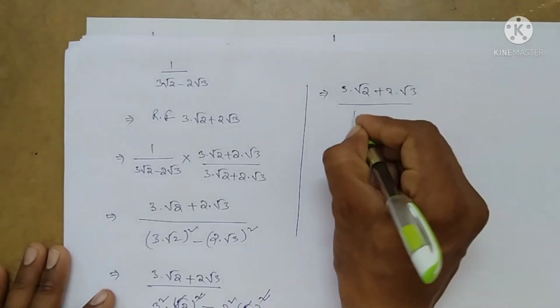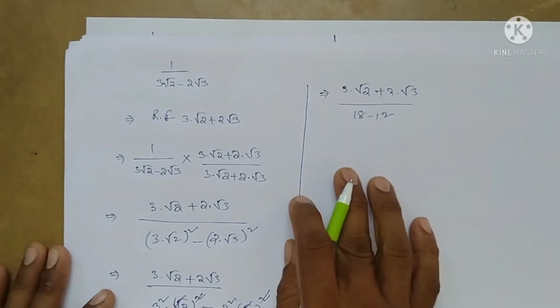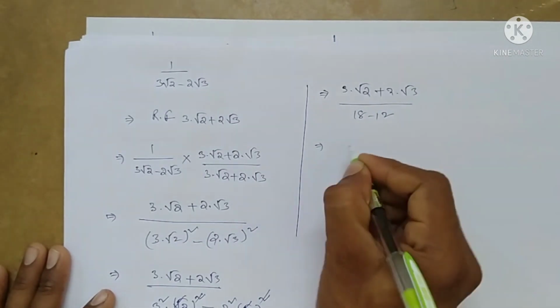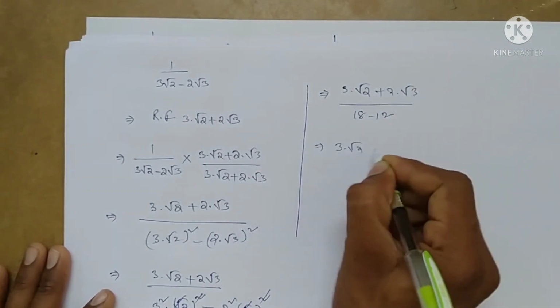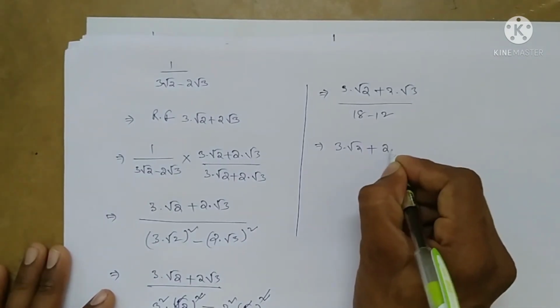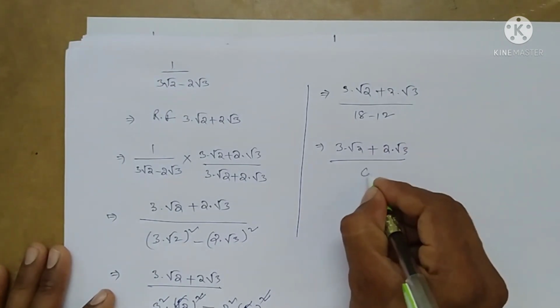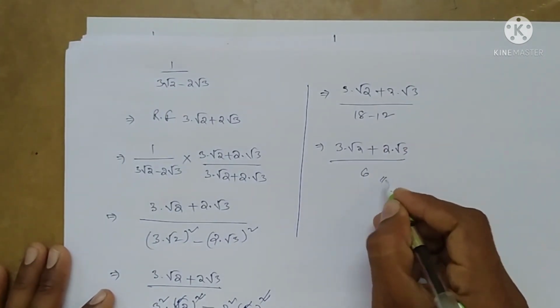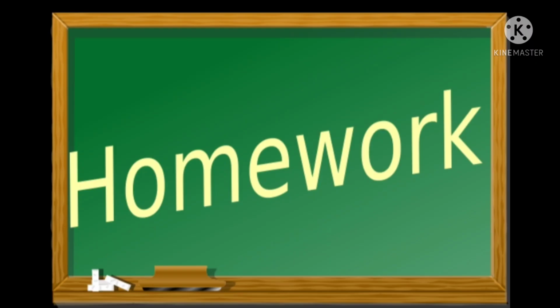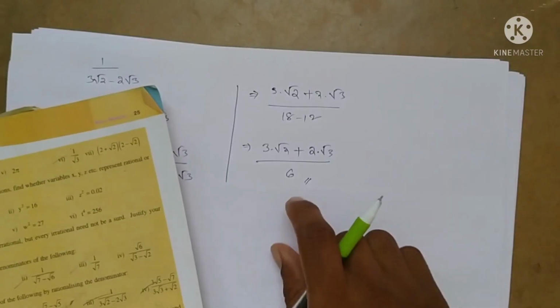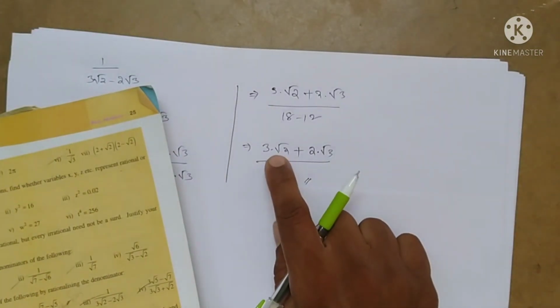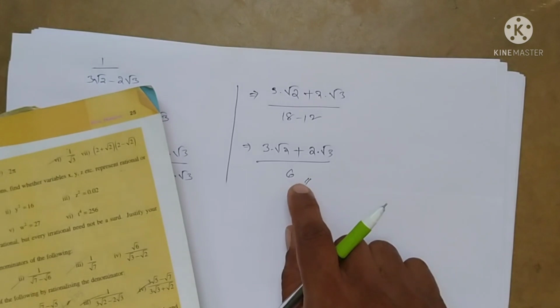So 18 minus 12 is equal to 6. So our final result is 3 into root 2 plus 2 into root 3 by 6.